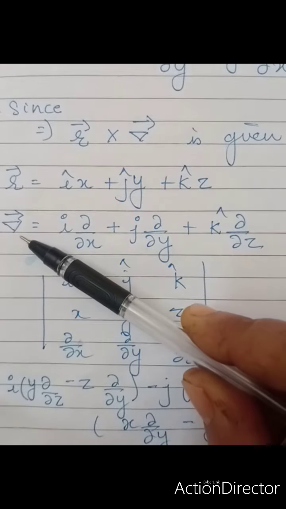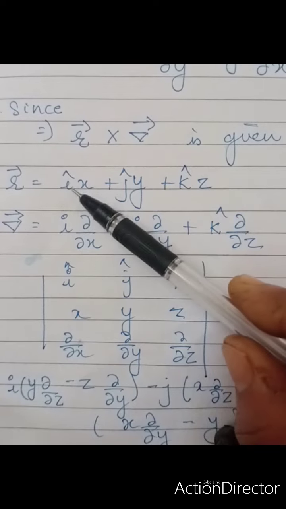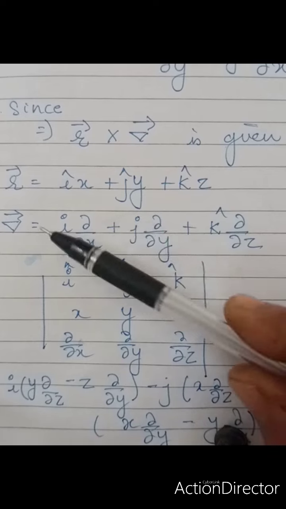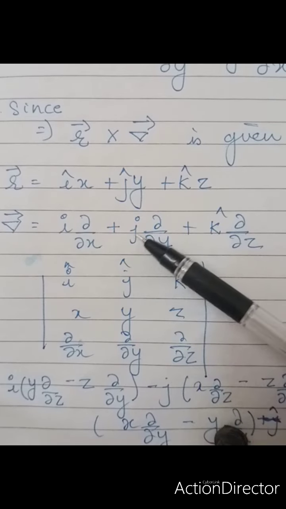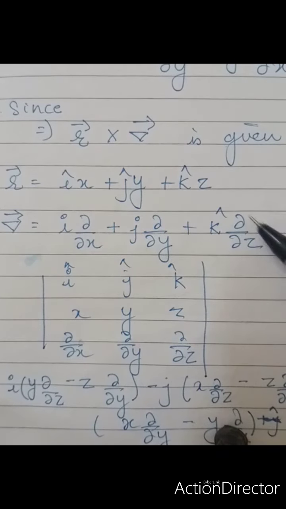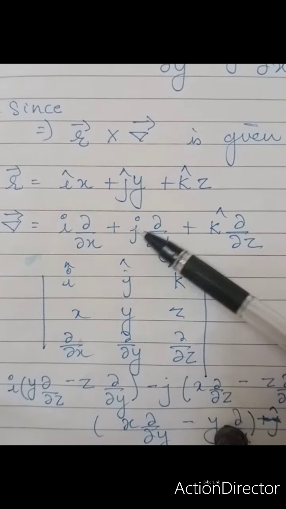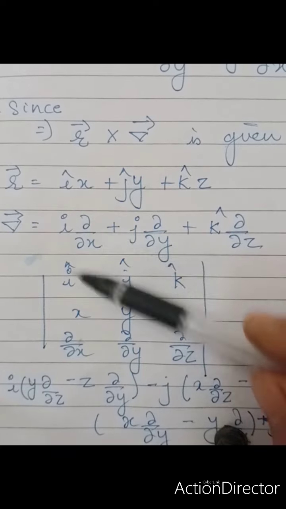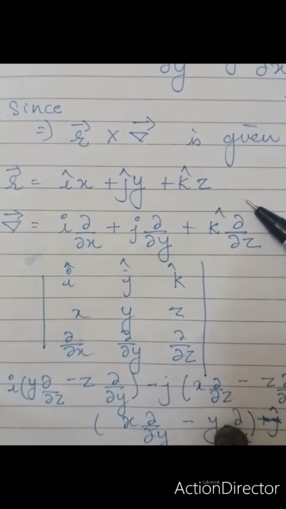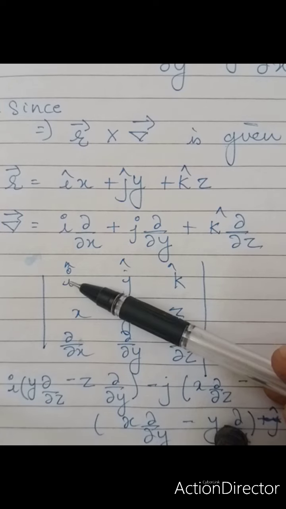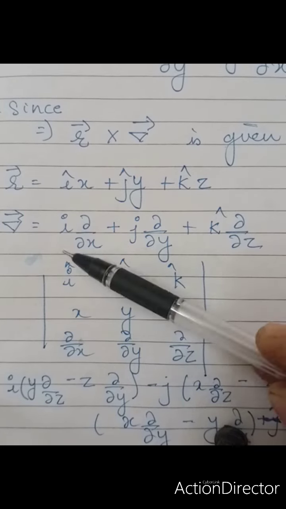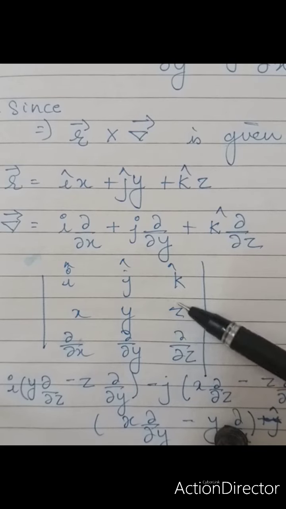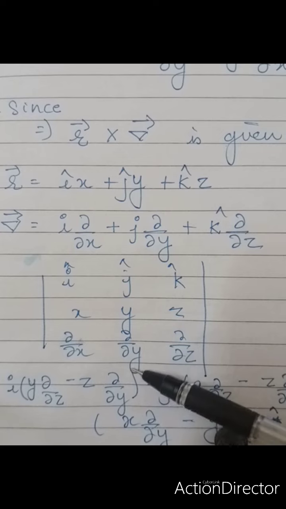So it will be vector r cross del vector. R vector is i cap x, j cap y, k cap z. And del vector is i del by del x, j del by del y, and k del by del z. So we have written i, j, k, x, y, z, and del x, del y, del z. Again we will solve it in the same fashion. When I take i, it will be y del by del z minus z del by del y.